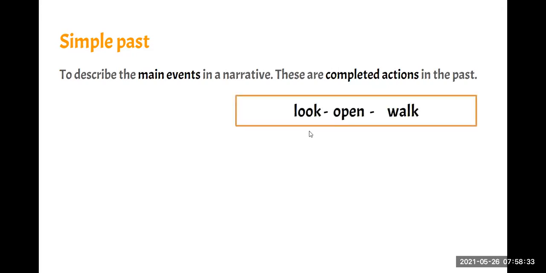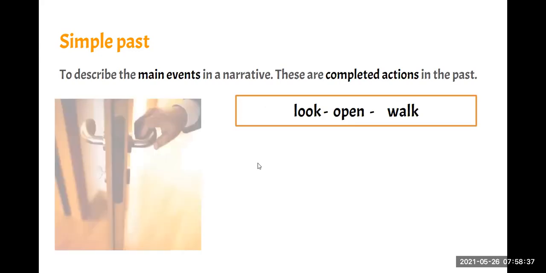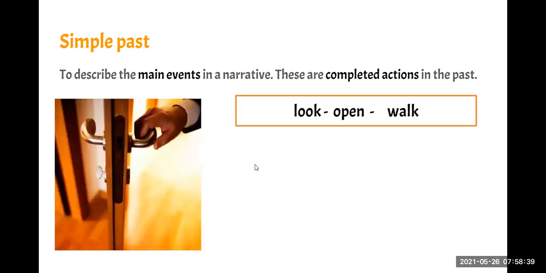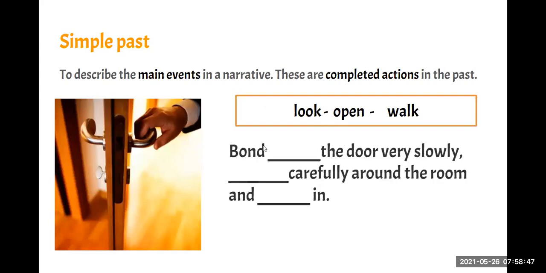Here we have some verbs in the base form that we are going to use in this narrative. And I want you to change them to the correct form, okay? For example, it says, open the door very slowly. Which of the verbs do you think we need to use? Opened. Very good.